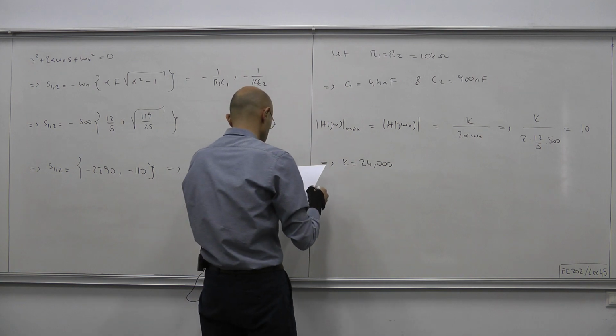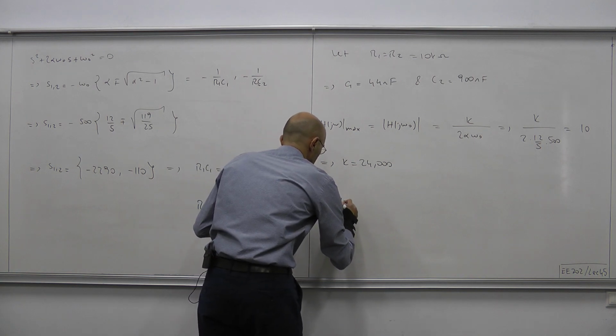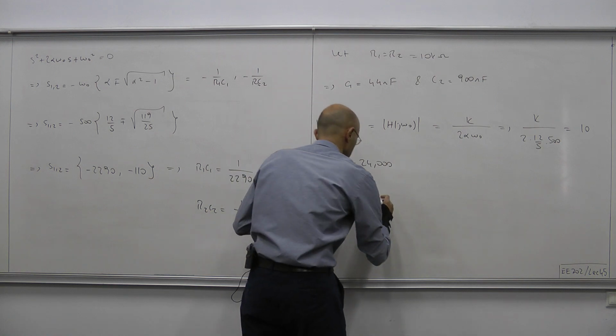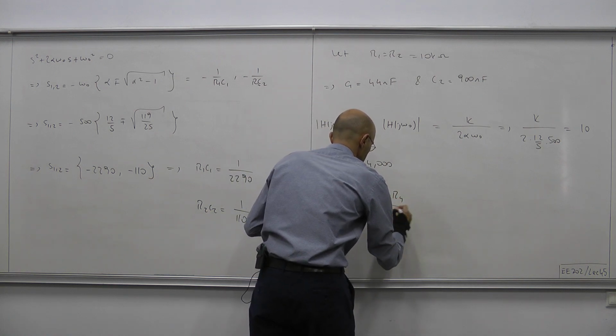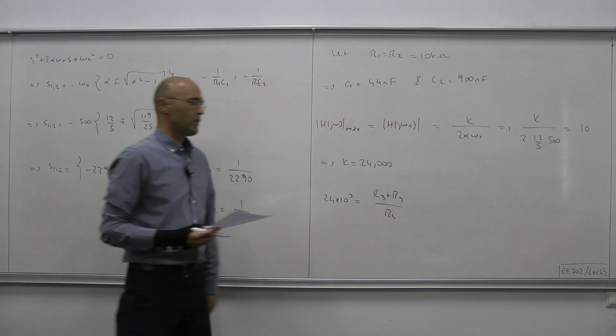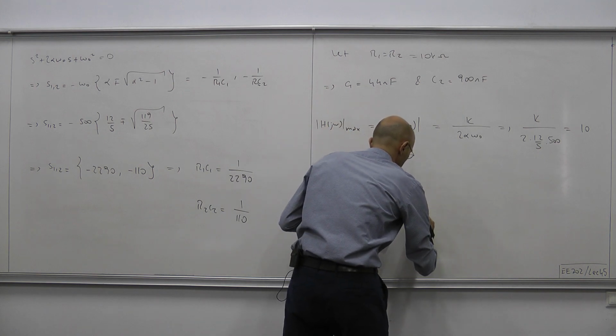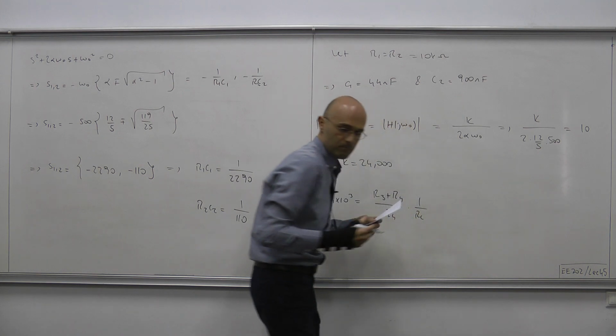And now let's write K in terms of our circuit parameters. 24,000 equals K in terms of our circuit parameters, which was R3 plus R4 over R4 times 1 over R1 C1.